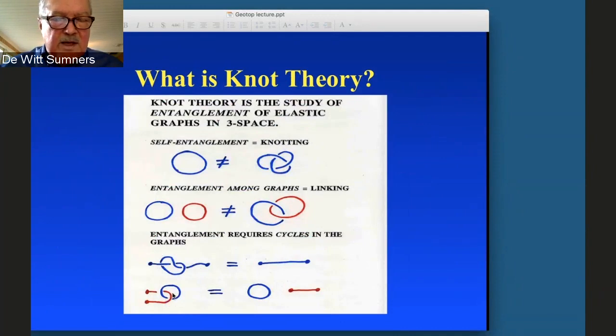So you've got to have cycles in the graph to be able to trap entanglement. However, more recently, people are looking at knots in proteins, and proteins are linear. So the question is, if you enclose this knotted part with a ball, then you can talk about local entanglement. It's a very important consideration these days in the study of proteins.